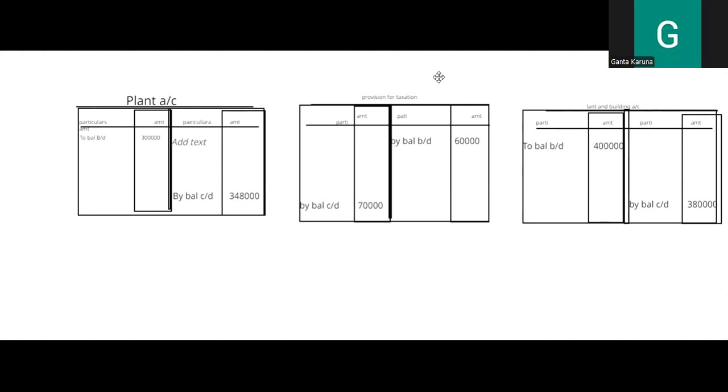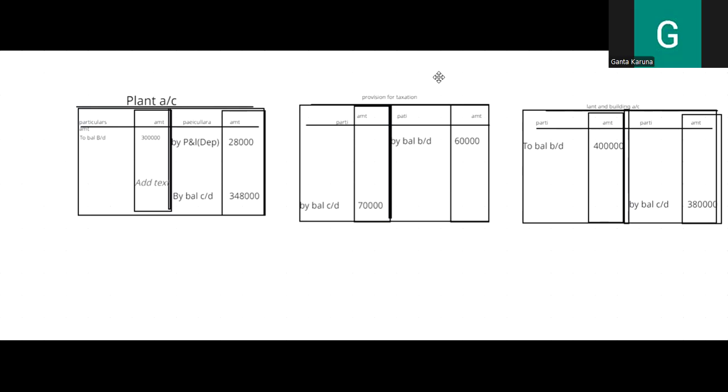Now I have to find out how much it will be. So 28,000 and 3 lakhs 48,000, when I add, I'm going to get 3 lakhs 76,000 as a total. So 3 lakhs 76,000 as total minus opening: if I minus 3 lakhs, then the balance 76,000 I will get on this side. So what do I have to write here? Here I'm getting a balance of 76,000.